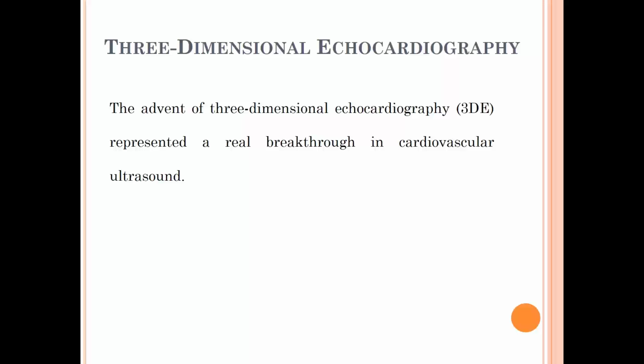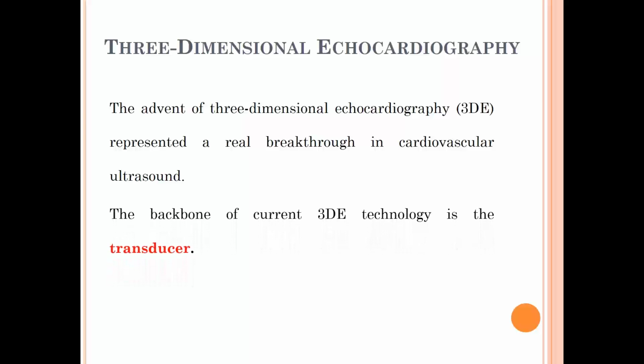So the advent of three-dimensional echocardiography represents a real breakthrough in cardiovascular ultrasound. The backbone of current three-dimensional echo is the transducer, because when the footprint of the transducer became smaller, it became much easier to use.